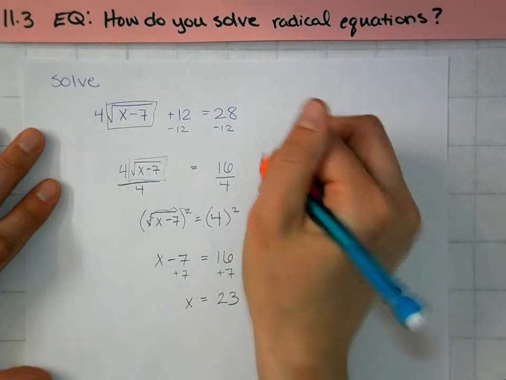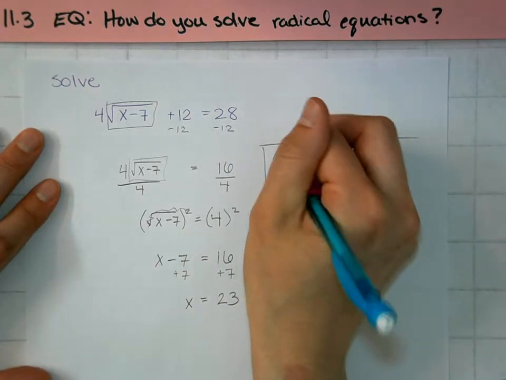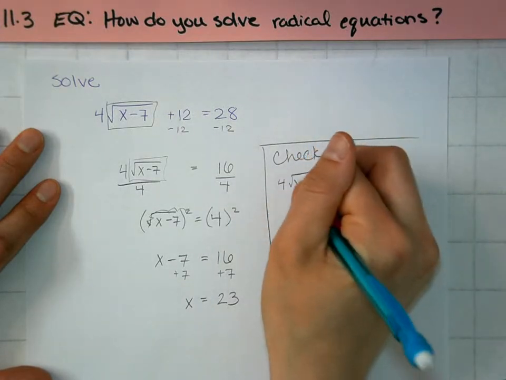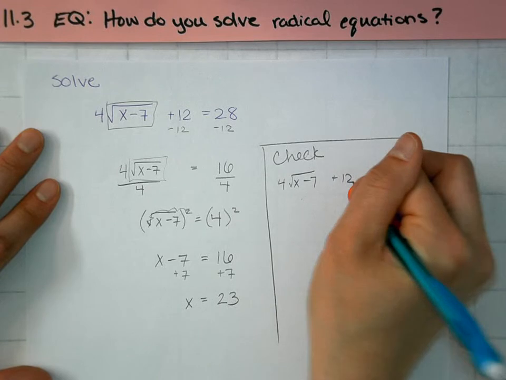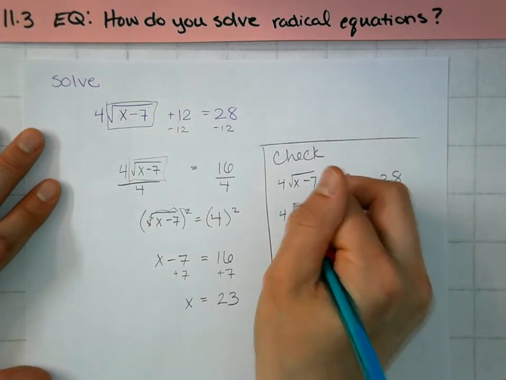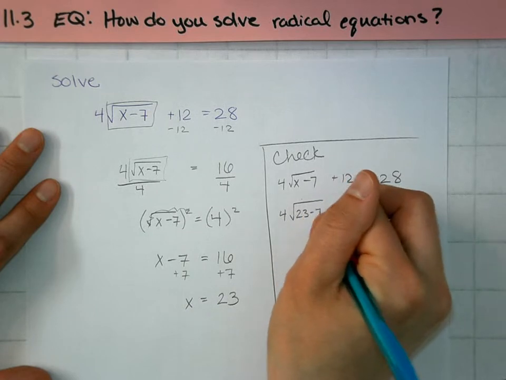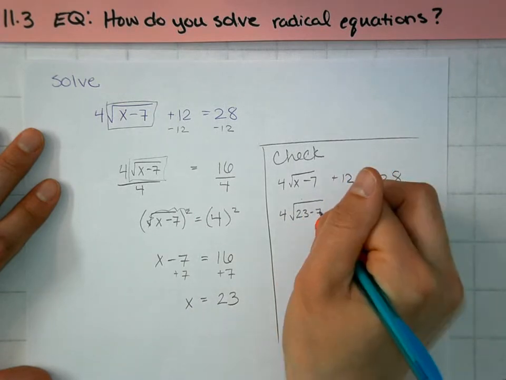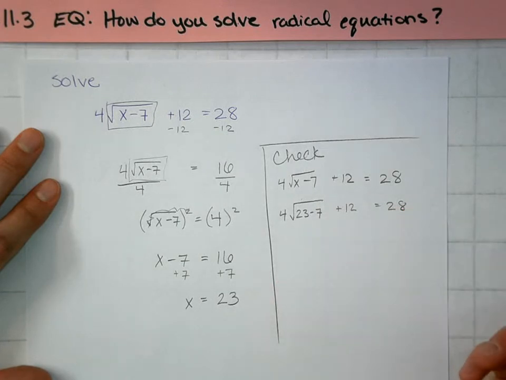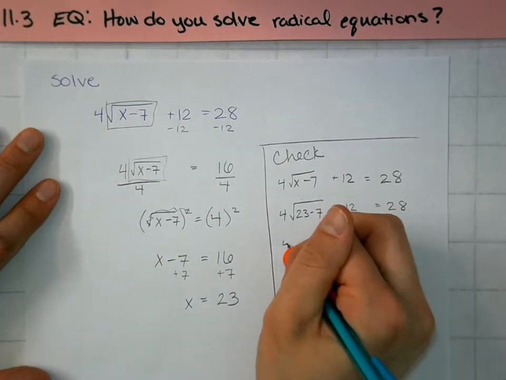And check your answer into the original equation. So I'm going to subtract 23 minus 7.